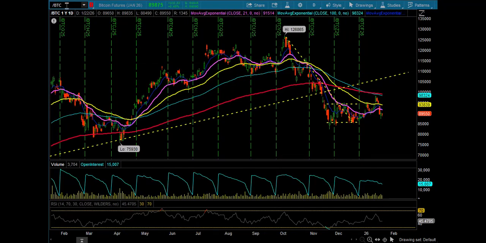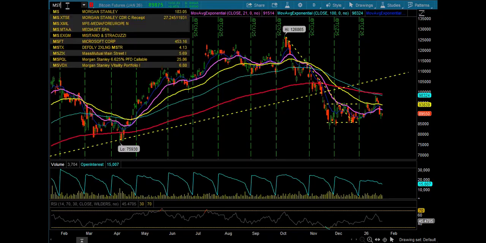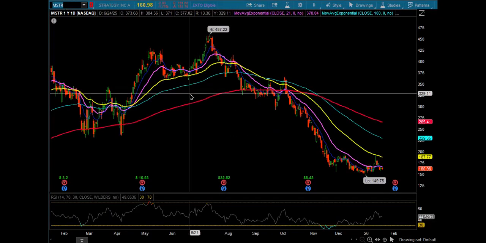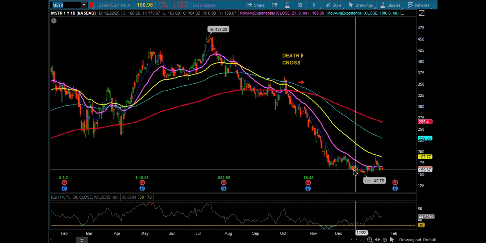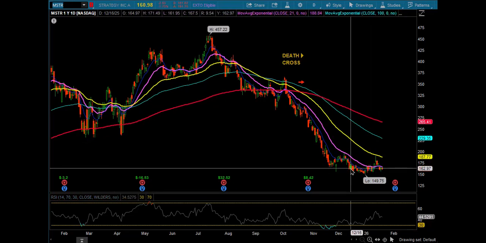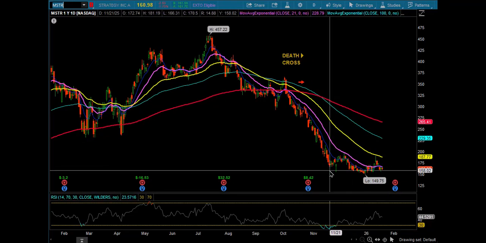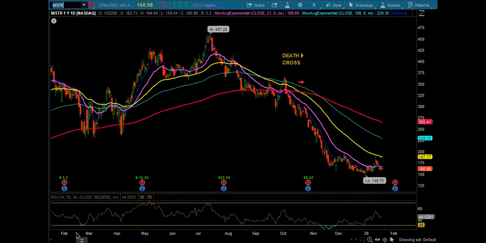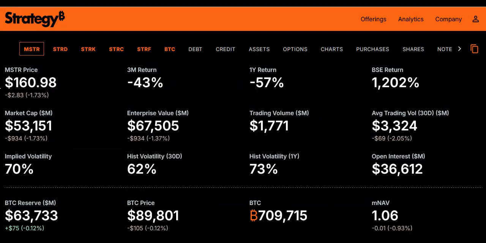This is the technical chart analysis of MSTR and Bitcoin. So we have earnings coming up, and we're going to look into a little bit of the fundamentals. Here are some of the fundamentals.